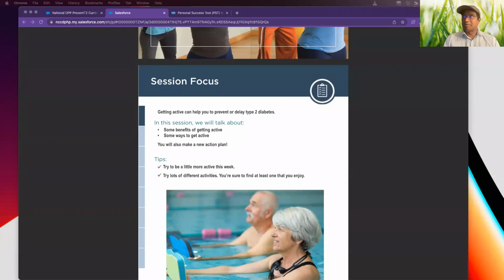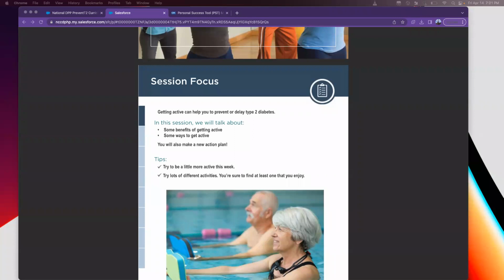Do you remember? In the previous session, we spoke about what diabetes is, the parts of the body that get affected when you are diagnosed with type 2 diabetes, and why you should avoid getting type 2.